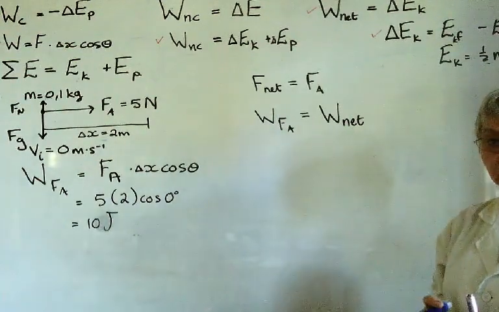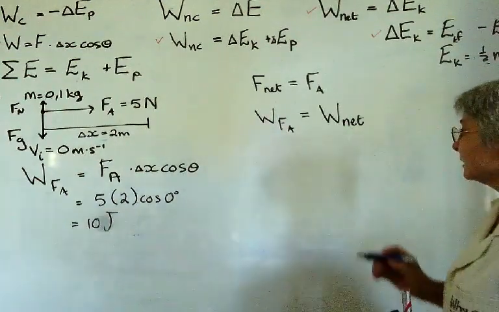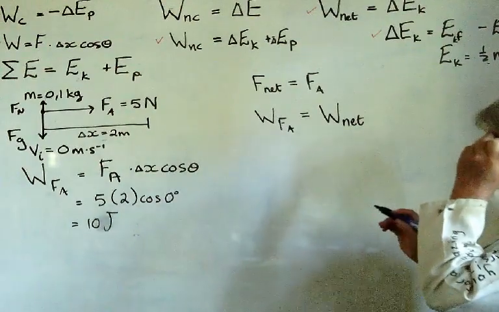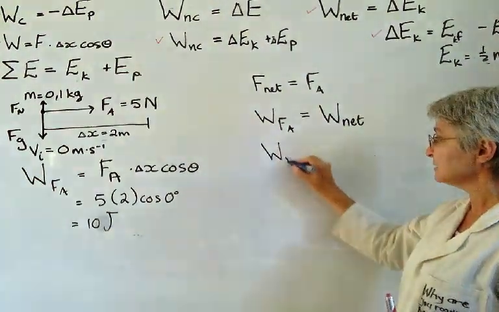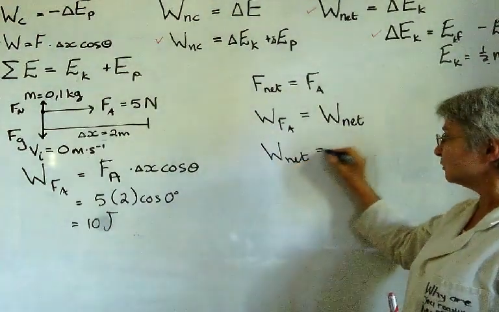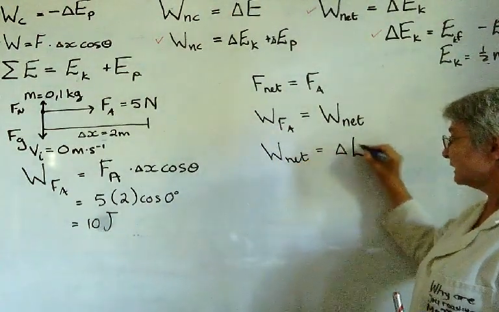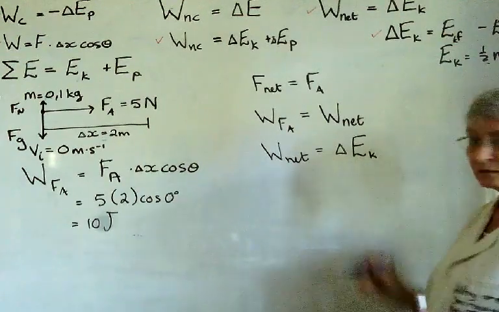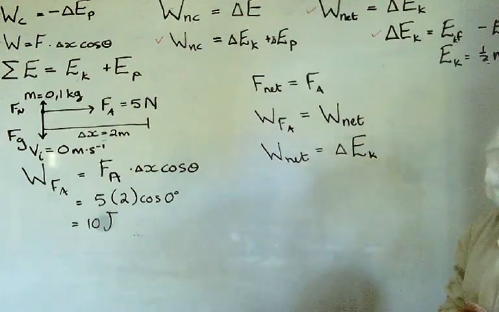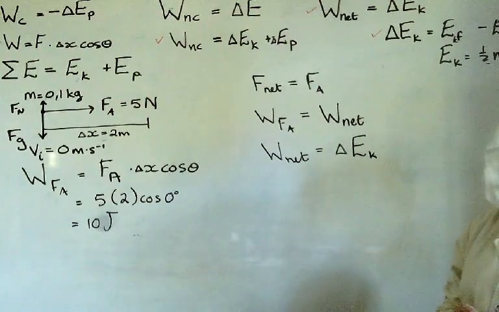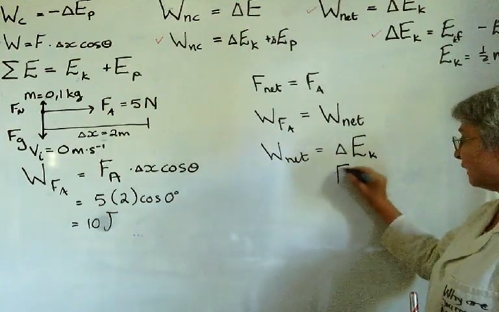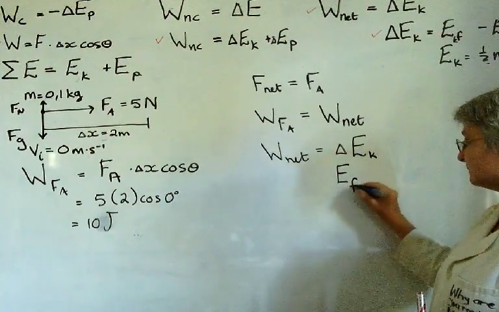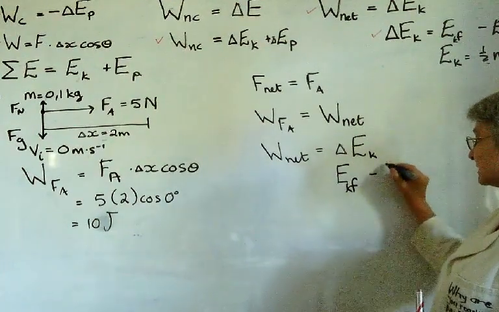Can I write, yeah. Are you with me? Yes. And now I know that W net is equal to the change in kinetic energy. Okay? And the change in kinetic energy is the final kinetic energy minus the initial kinetic energy.